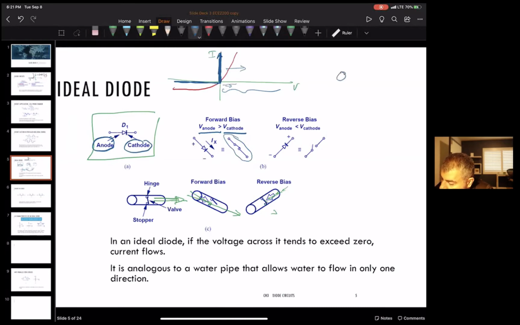So if you had a voltage source, and let's say you had a resistor here, no matter how small this resistor is, this V sub X would be able to put out enough current that you'd enforce this value here. And then when the anode is smaller than the cathode, when this guy is less than this guy, it's like an open switch and no current flows.